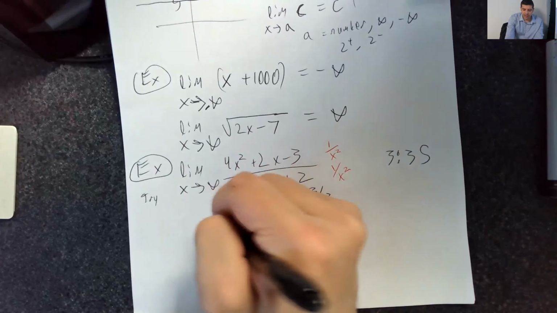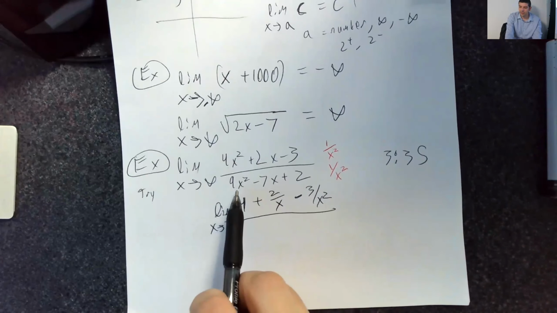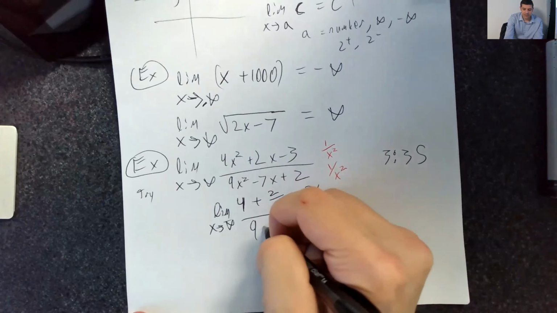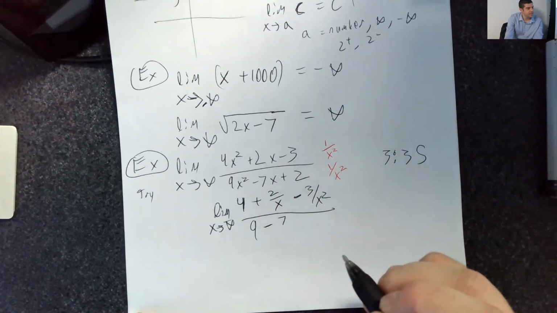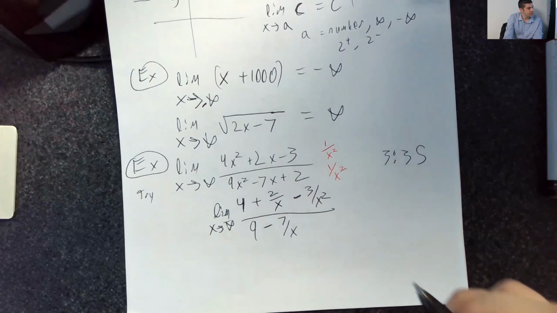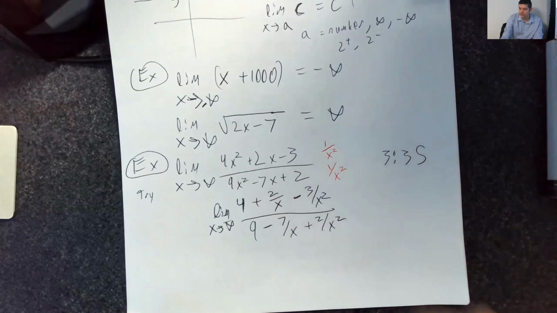So limit as x goes to infinity. Okay, what about the denominator? We get 9, minus 7 over x, plus 2 over x squared. Right, so now we could do every single piece separately.